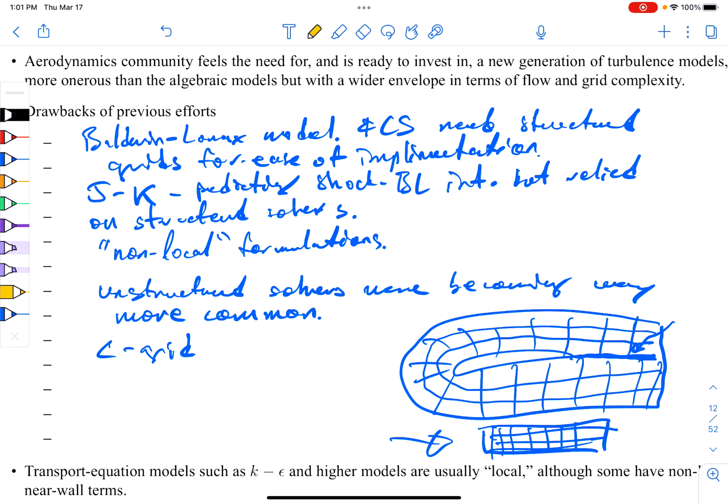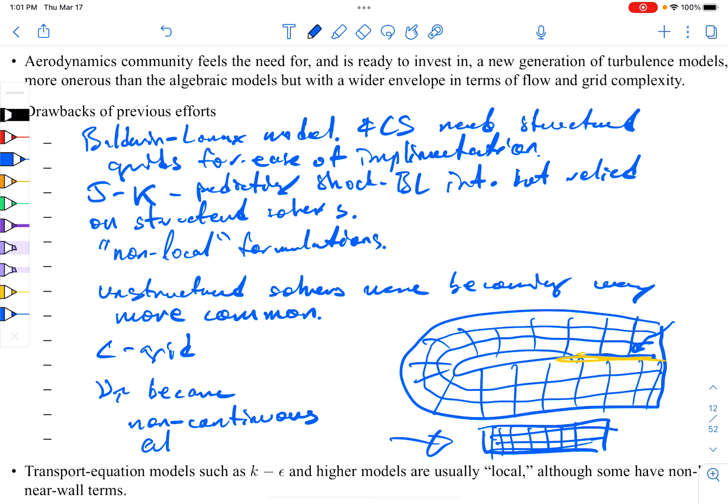So that boundary there is a problem for some of the earlier models, because the way the earlier models were formulated, the eddy viscosity, nu tau, became non-continuous along boundaries of structured grids.